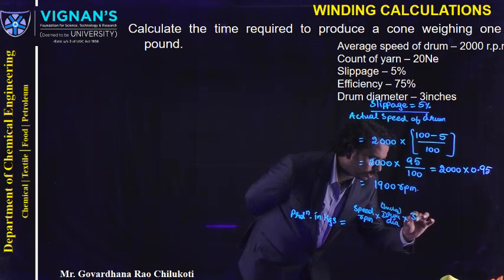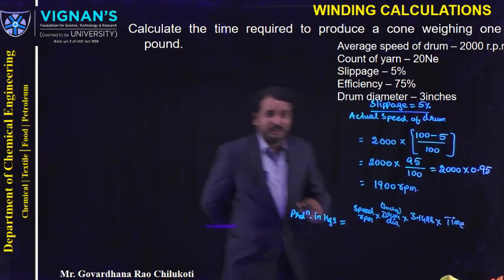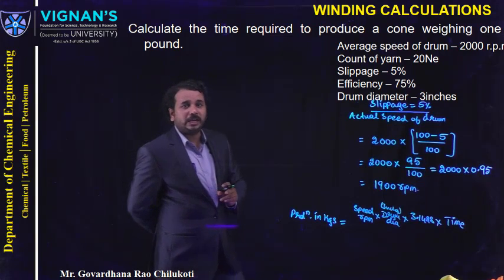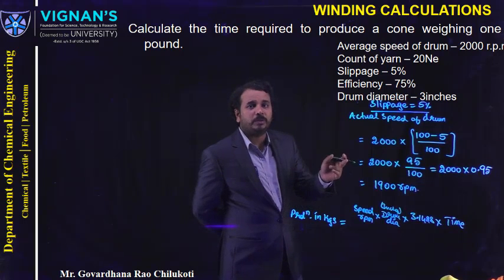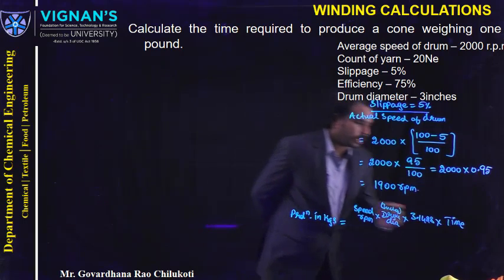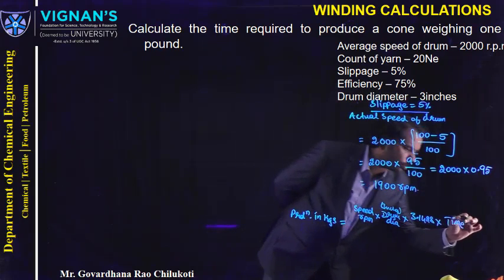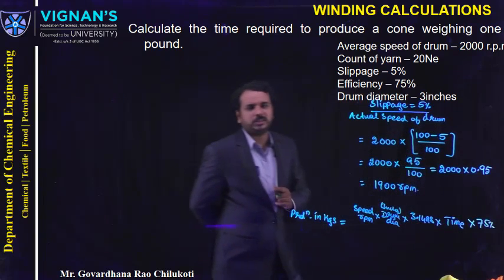And 3.1428. Then this is the time. Time is nothing but 60 into 8. That is the time: 60 minutes, 8 hours. Okay, total how many minutes of time is there? Time. So here you can see the 75% efficiency is given.